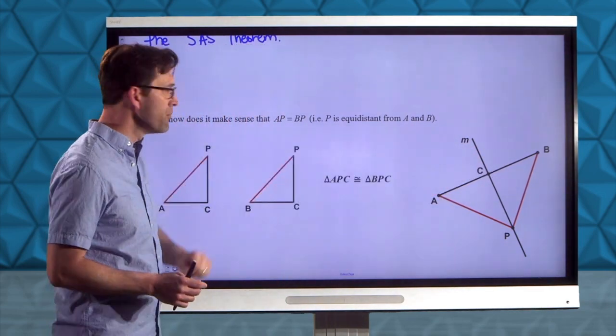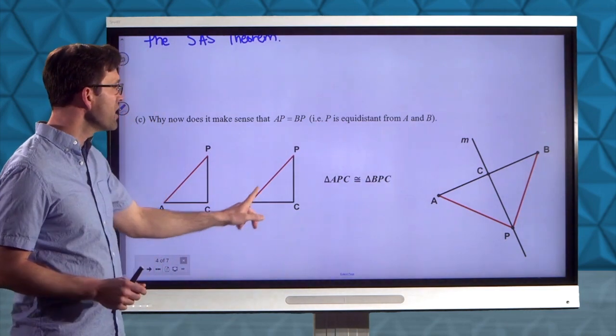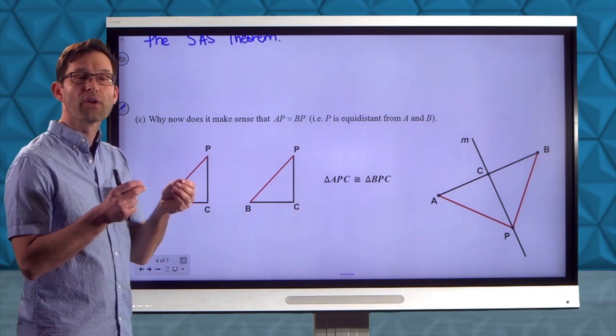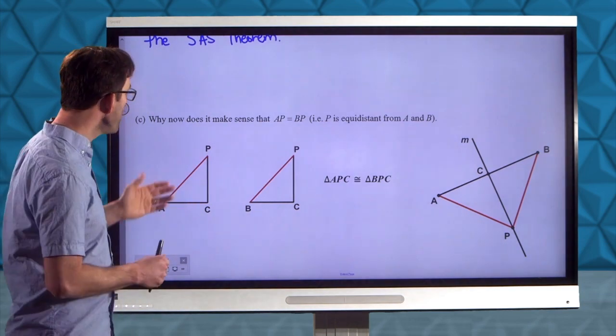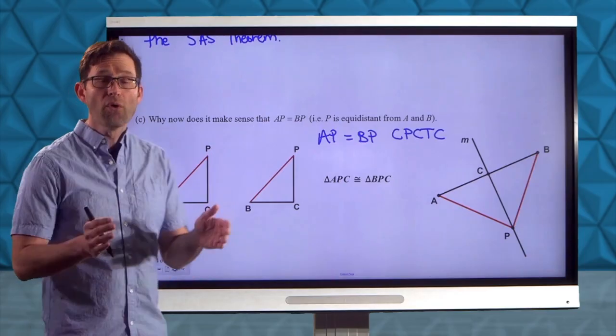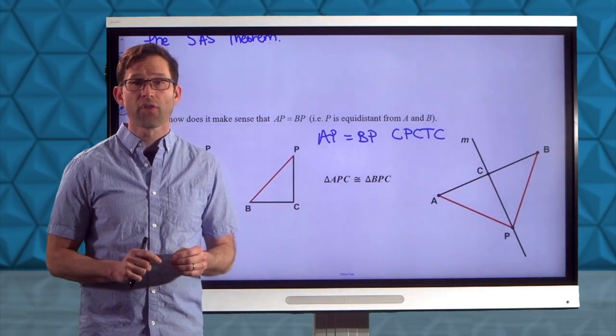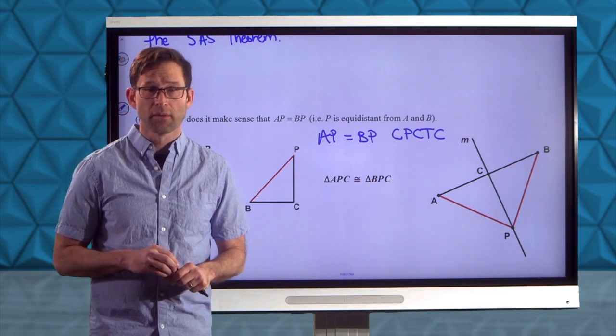And if I draw them in this orientation, what I can see is that AP and BP are in the corresponding places on those two triangles. And therefore, AP must be equal to BP because corresponding parts of congruent triangles are congruent. And ultimately, because those are the same length, P is equidistant from the endpoints of that line segment.